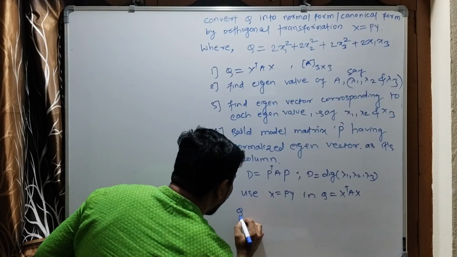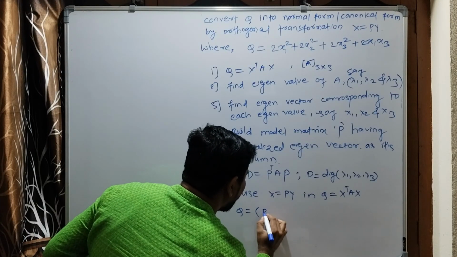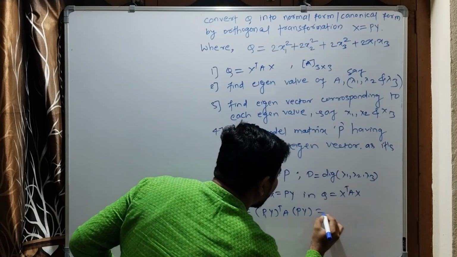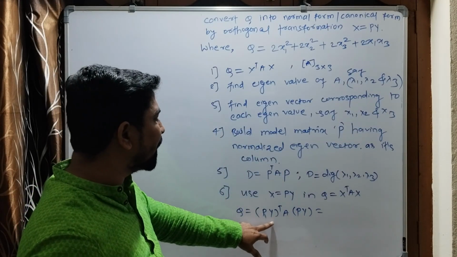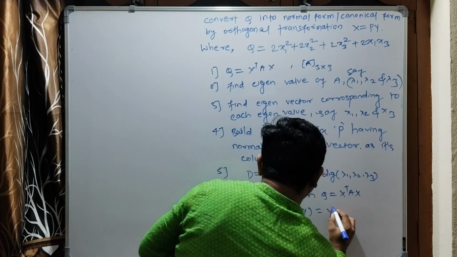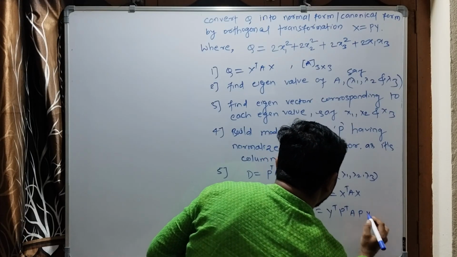So here Q equal to Py whole transpose A and this is Py. By the property of transpose, AB transpose equal to B transpose A transpose, this is the same as y transpose P transpose A and this is P and y.